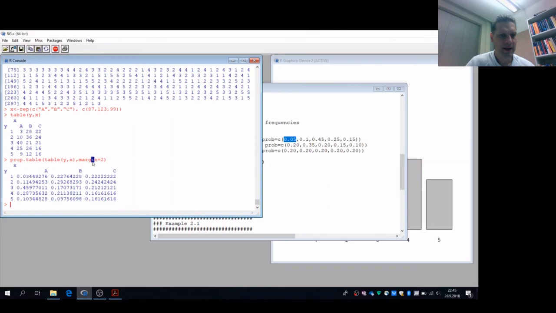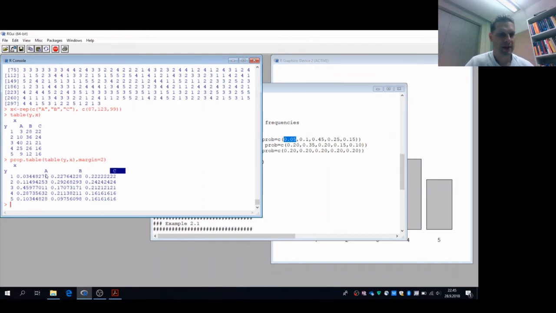The idea why we are doing these cross tables is that in real life we really want to know: is the conditional probability distribution of y the same in different categories of the explanatory variable?